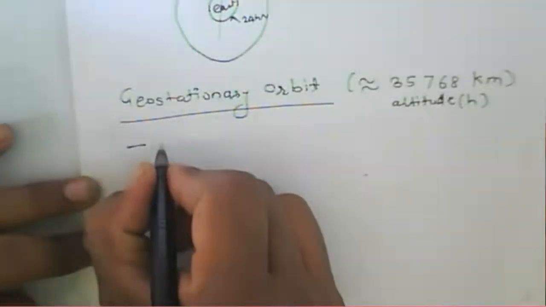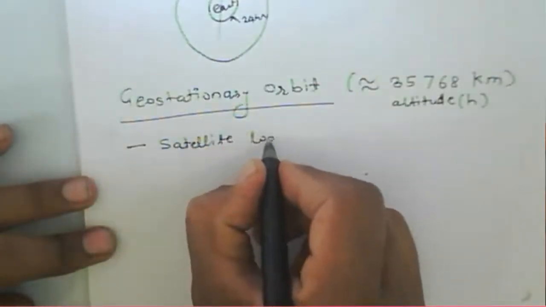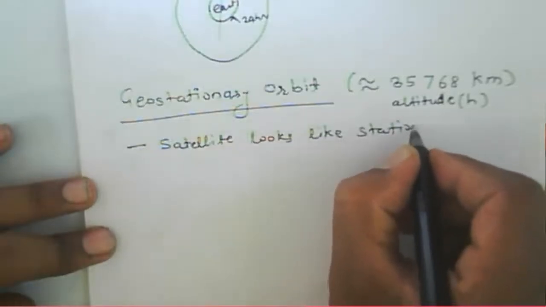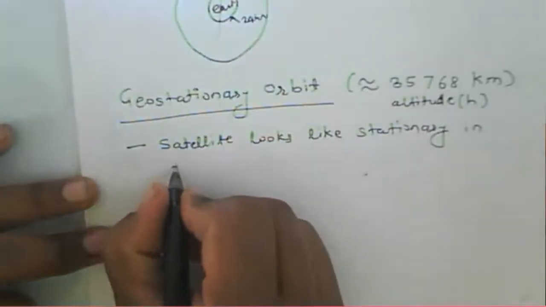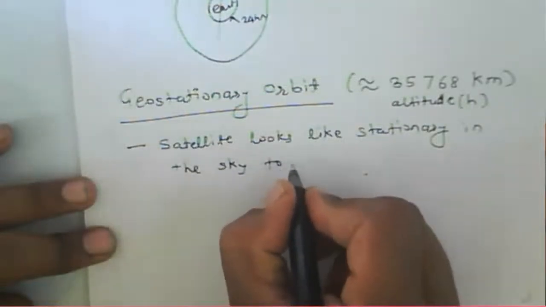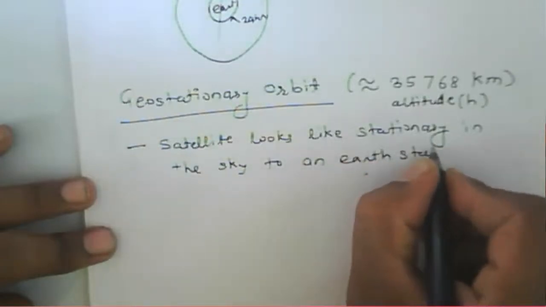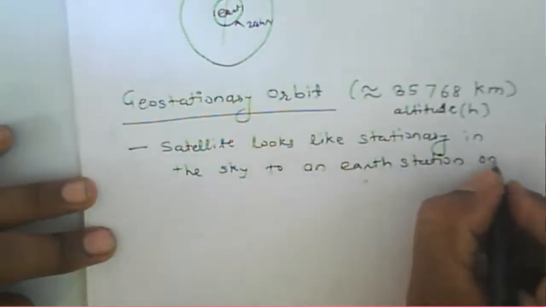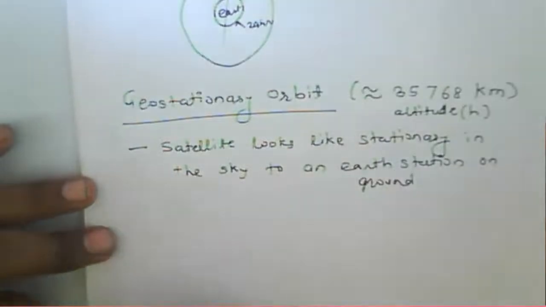A geostationary orbit means the satellite looks stationary in the sky to an earth station present on the ground.